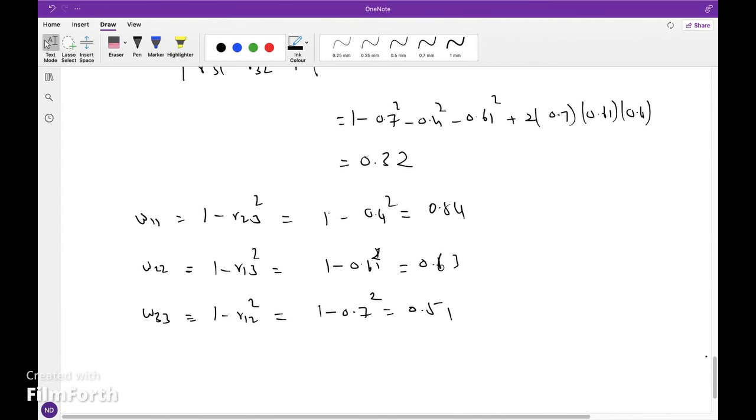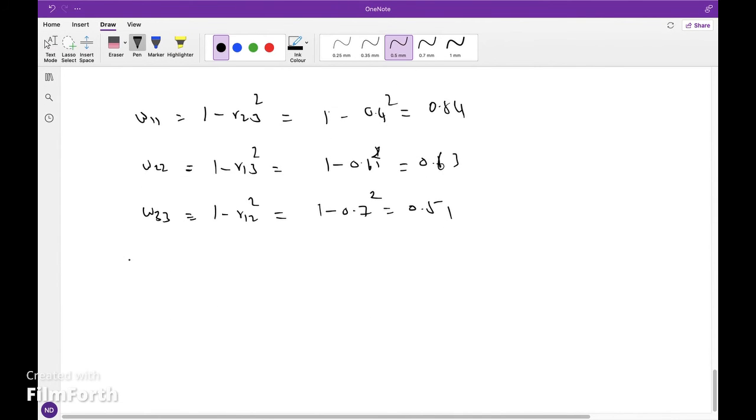Now find the multiple correlation, capital R1.23 squared, that is equal to 1 minus omega by omega 11. That value is 1 minus 0.32 divided by 0.84, that is equal to 0.62.